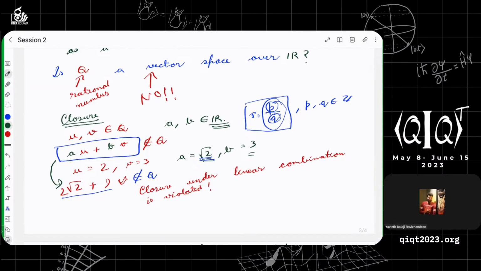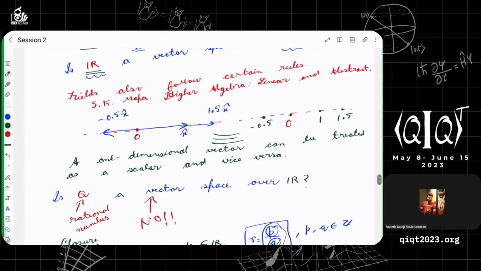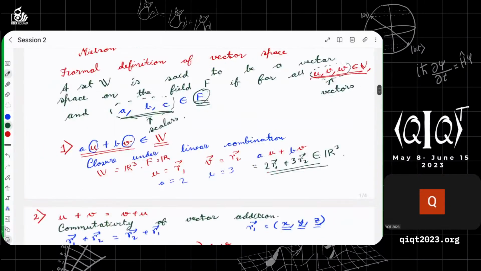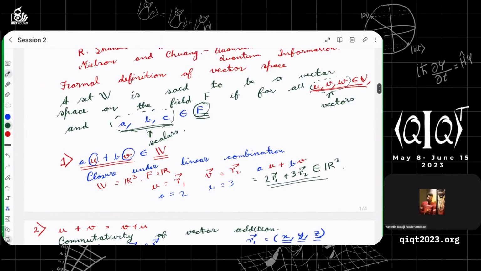Hi, can I ask a quick question? Sure, yes. Can you please go to the definition of vector space? Sure. The first one, closure under linear combination. So you have a times u and b times v belonging to the space.